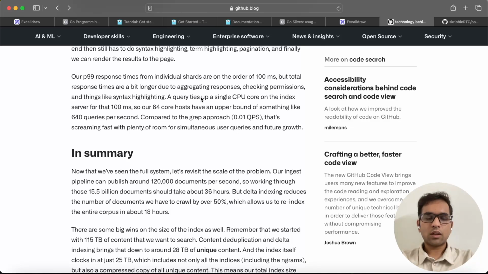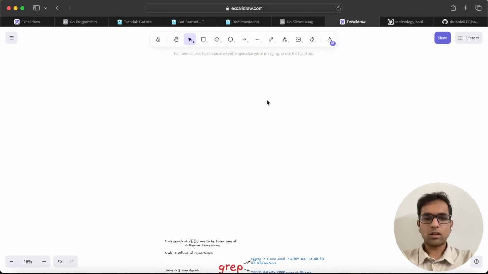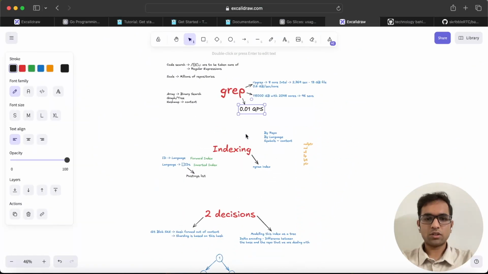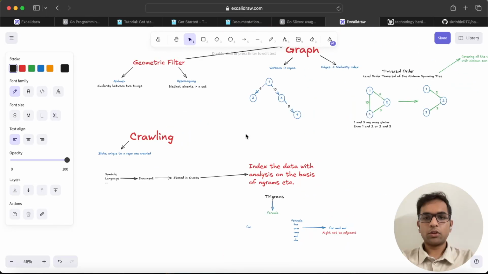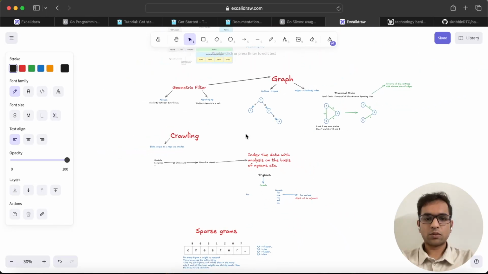A query ties up a single CPU core on the index server for that 100 milliseconds. So before this, it was 96 seconds for a single query, and now it is taking 100 milliseconds. So it does 640 queries per second. With the grep approach, the QPS was 0.01, but now with the new approach, the QPS that we obtain is 640 queries per second.